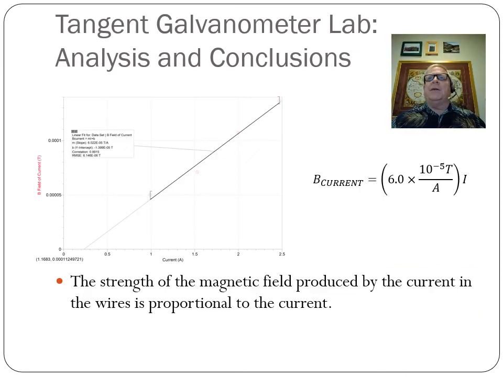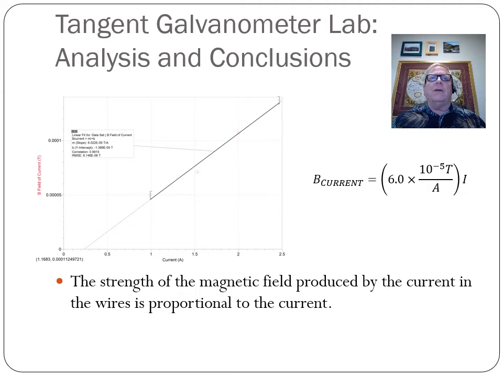So in order to determine the relationship between the magnetic field produced by the current and the current itself, I graphed the magnetic field of the current on the vertical axis and the current itself on the horizontal axis. It came up with a fairly linear graph. That gives us some confidence that we're on the right track here.